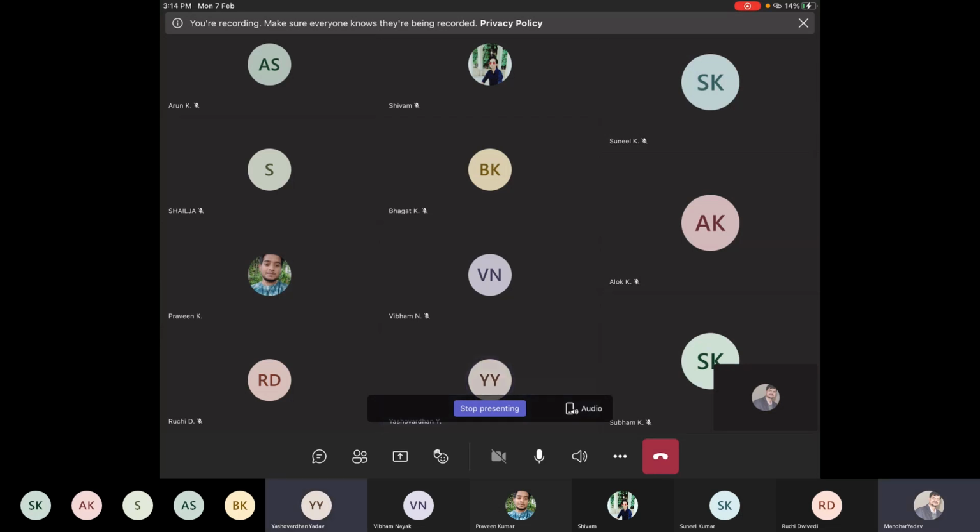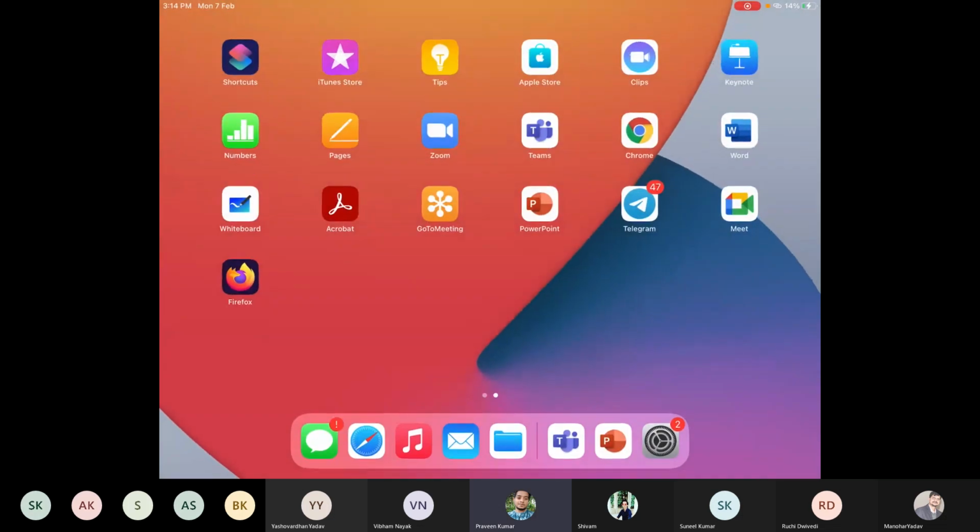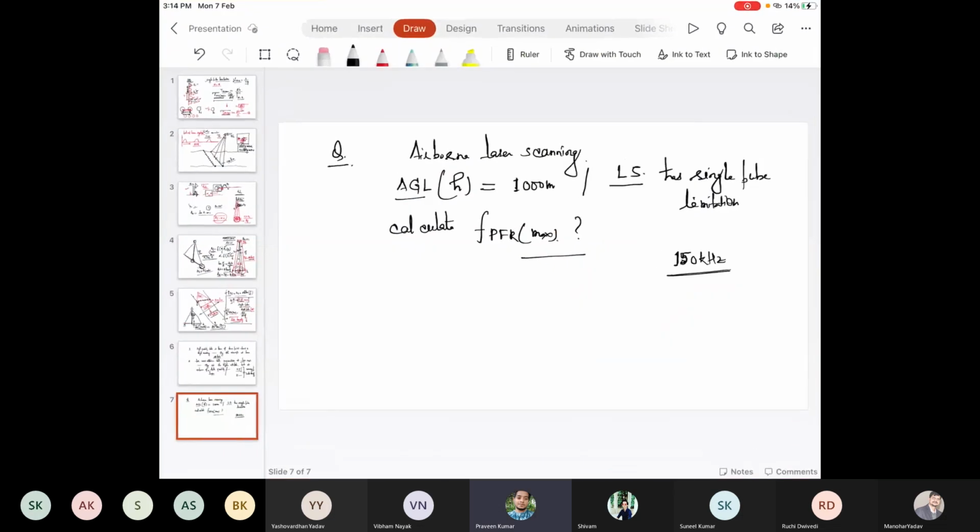How did you solve it, Praveen? Sir, c upon 2h. So 3 into 10 power 8 upon 2 into 1000. So then, sir, solving it gives 150 kilohertz. Yeah, correct. So this pulse firing rate maximum that we obtain is equal to c divided by 2h, is it?